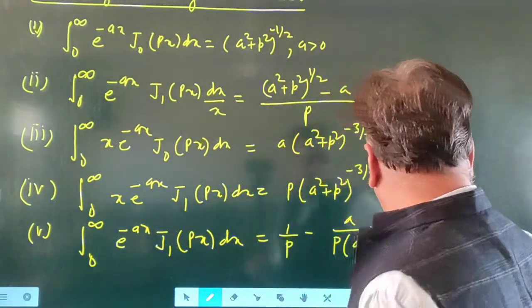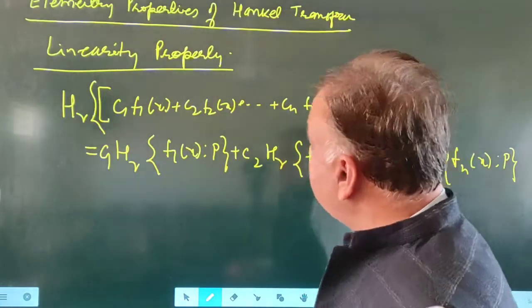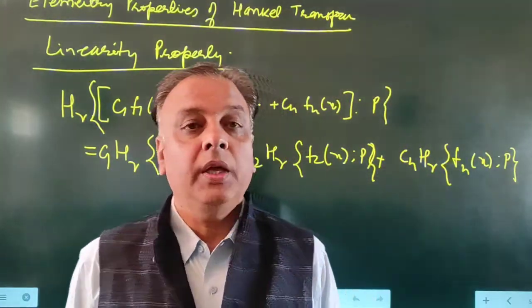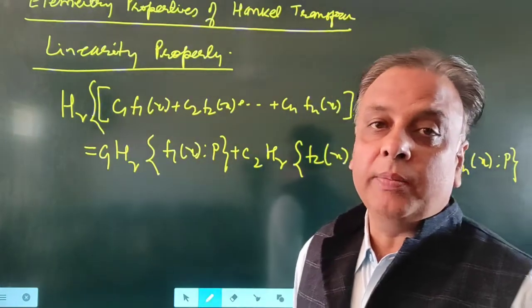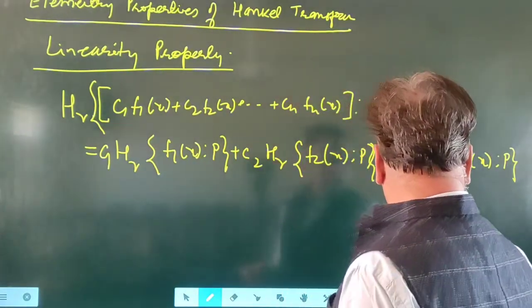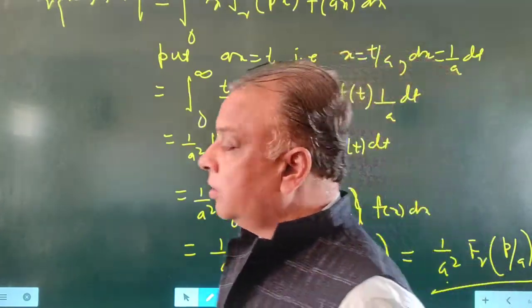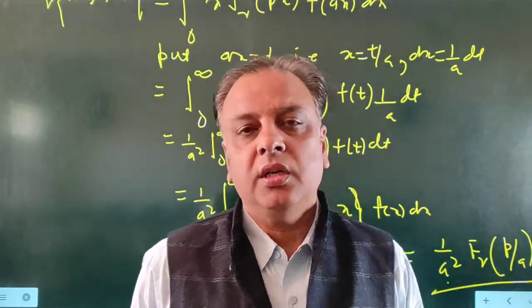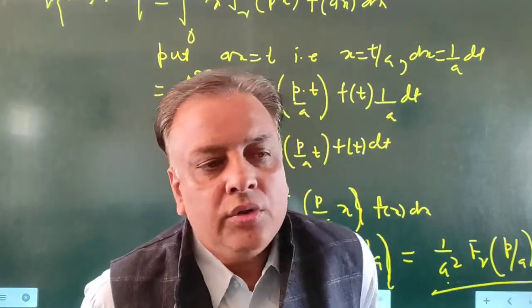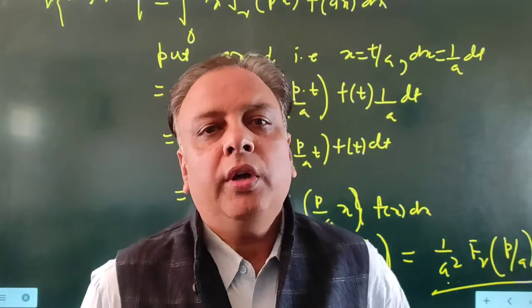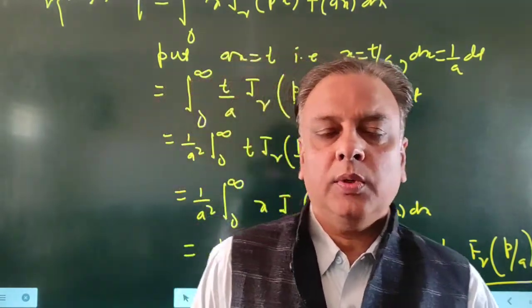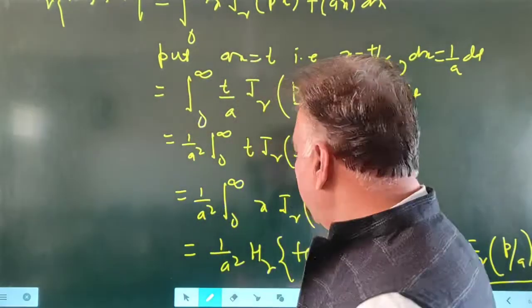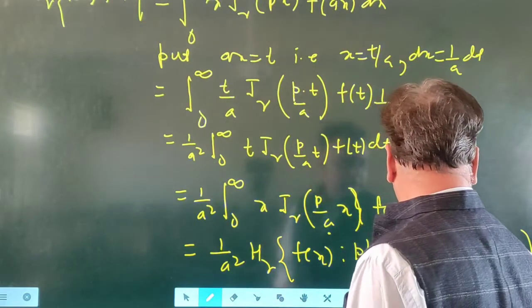We have also discussed some elementary properties of the Hankel transform, especially the linearity property and the change of scale property. So these are the basic results of the Hankel transform.